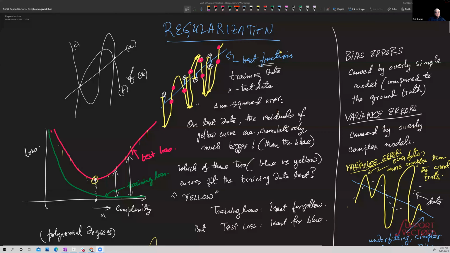So let us recap what we learned on Monday. If you're looking at my screen, you will notice that we basically said that regularization is a method to decrease overfitting to data.